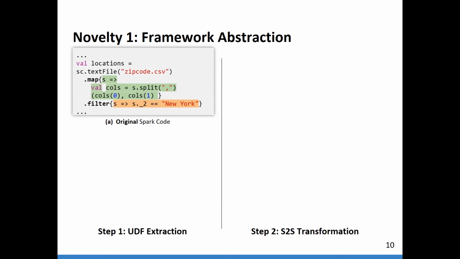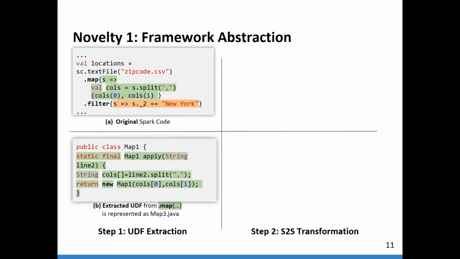BigFuzz automates this procedure in two steps: UDF extraction and source-to-source transformation. In the first step, BigFuzz decompiles the bytecode of the original application into Java source code and traverses the abstract syntax tree to search for a method invocation that corresponds to each data flow operator.